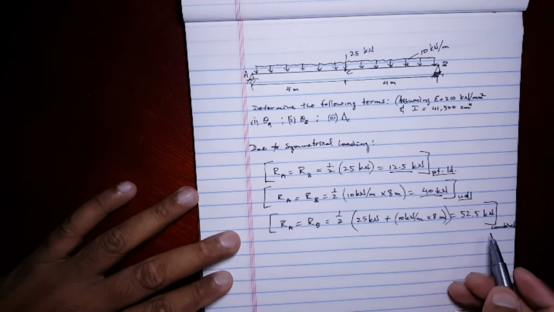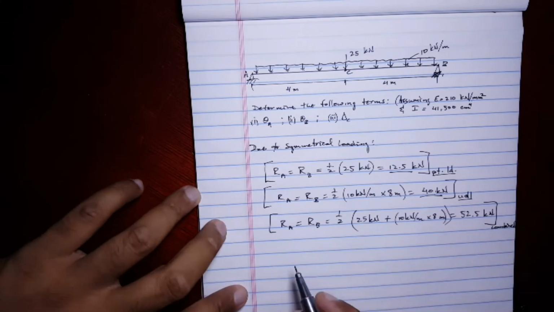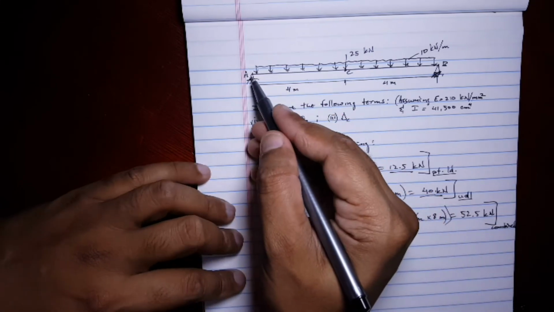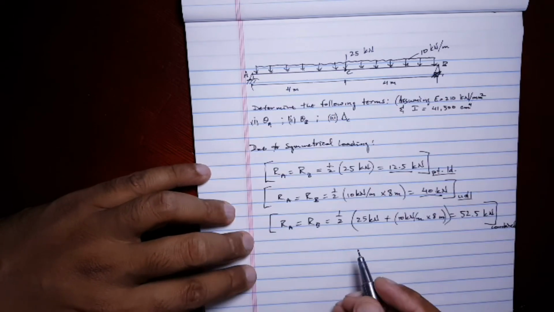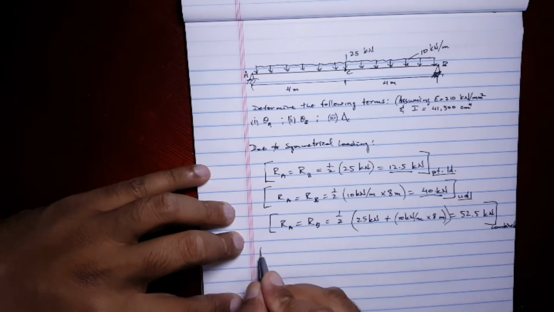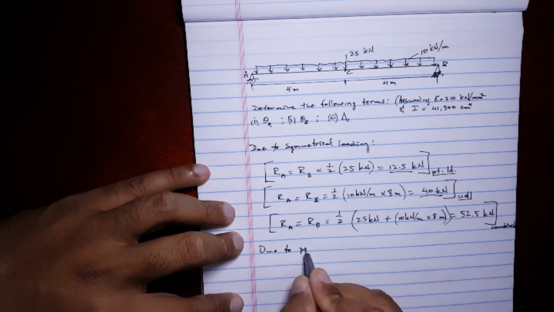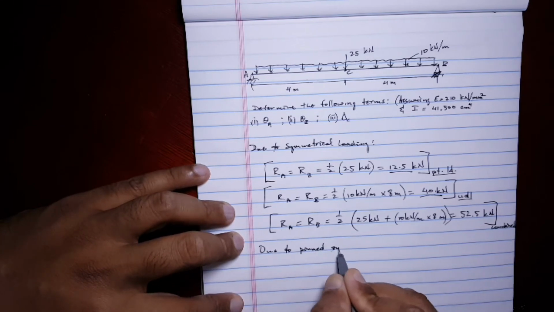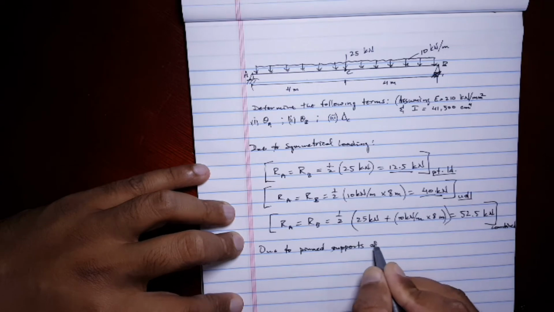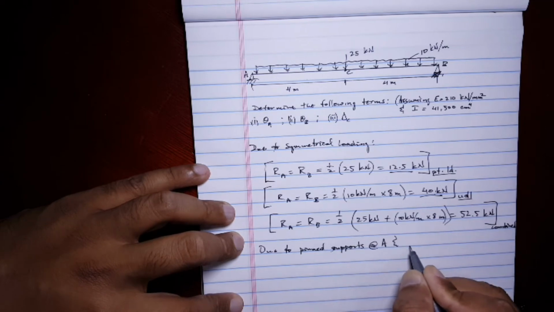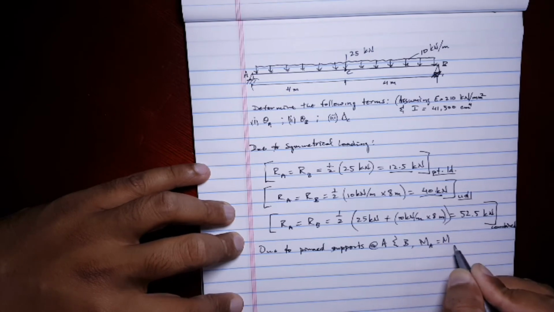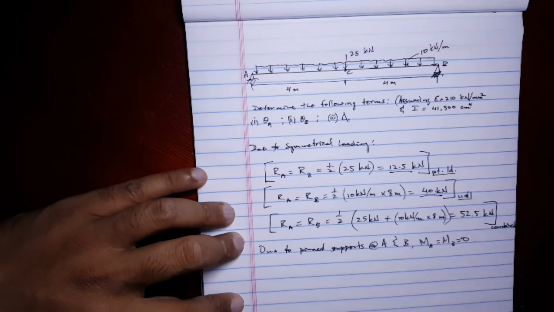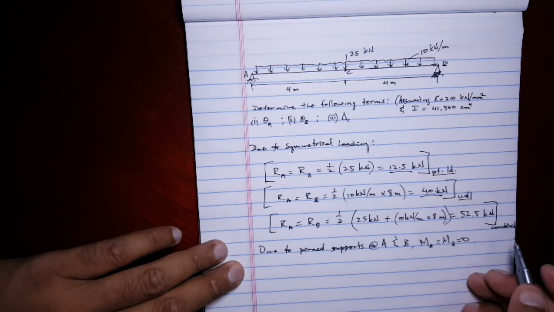We can do the same type of calculation for the moments. Here you can see you have a pin support and a pin roller support. So because of those supports there, you can say that due to pin supports at A and B, the moment at A is equal to the moment at B, that's equal to 0, because no moments can develop there.